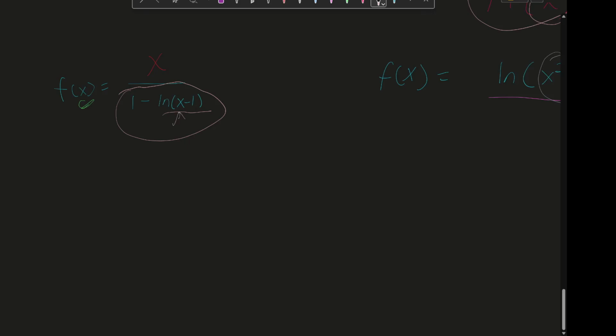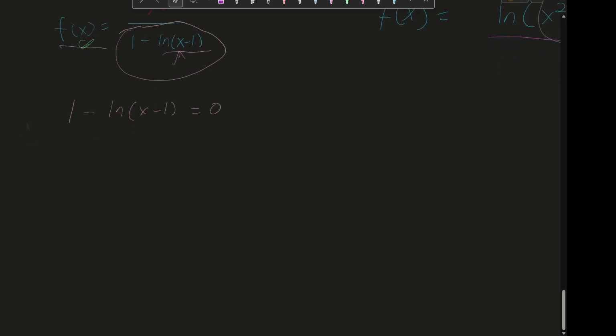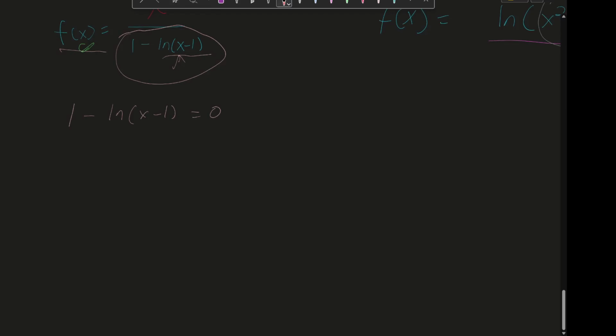So you're going to have to make sure this whole denominator also does not equal 0 for your original f of x function to be defined. So what you're going to want to do is set your denominator equal to 0 and then start solving for x. So you can move this over to the other side, just get rid of that negative.